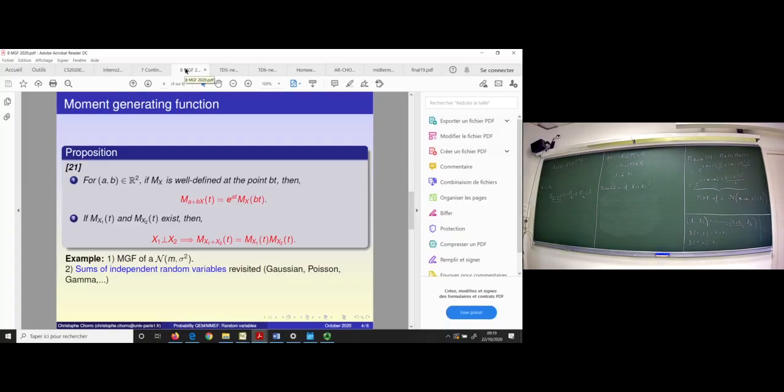You can consult your notes in order to have the moment generating function of a gamma if you don't know it for the moment. Of course, to be correct with the definition of a gamma, I need to impose A strictly positive, B strictly positive, and lambda strictly positive, for sure.